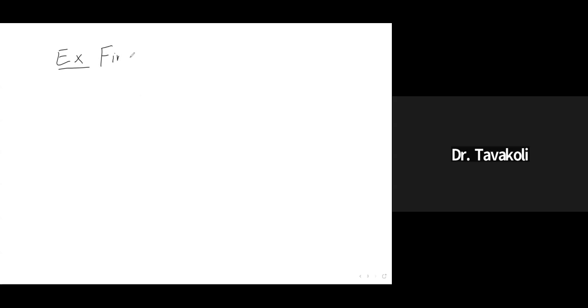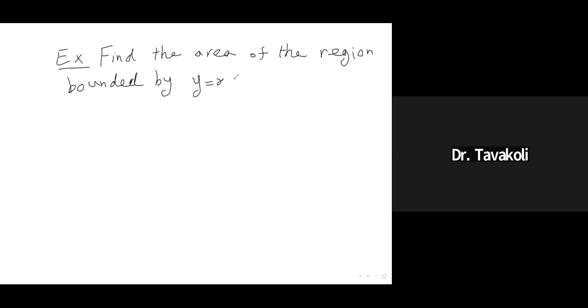Find the area of the region bounded by one function, y equals x plus 1, the other function, y equals x squared, and the two vertical lines, x equals 0 and x equals 1.